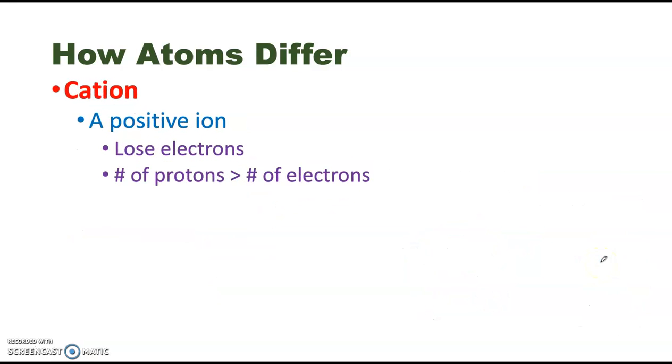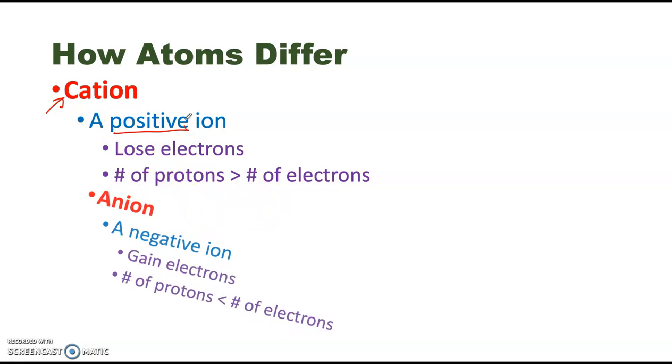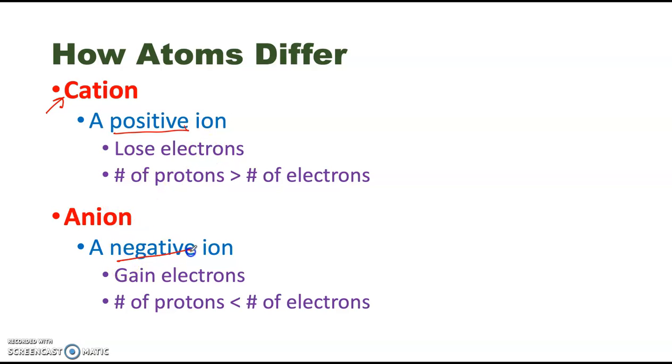Now to be more specific, an ion is anything that has a charge. A cation is specifically anything that has a positive charge. And an anion is anything that has a negative charge. A chemistry teacher once drew this for me. It's a little bit morbid, but it works.